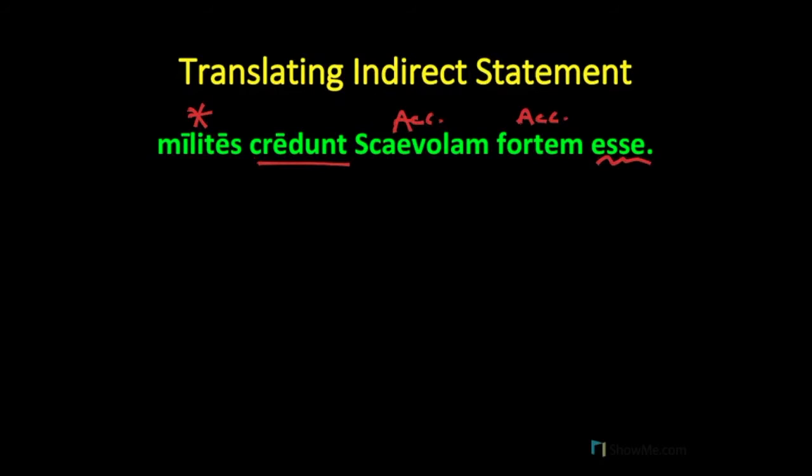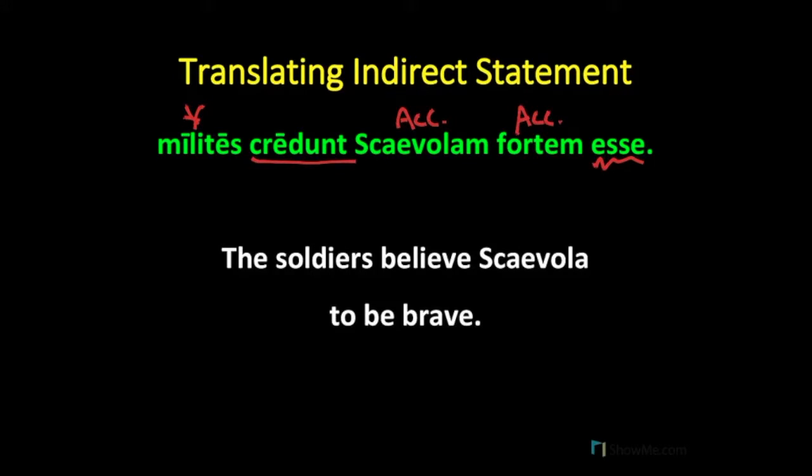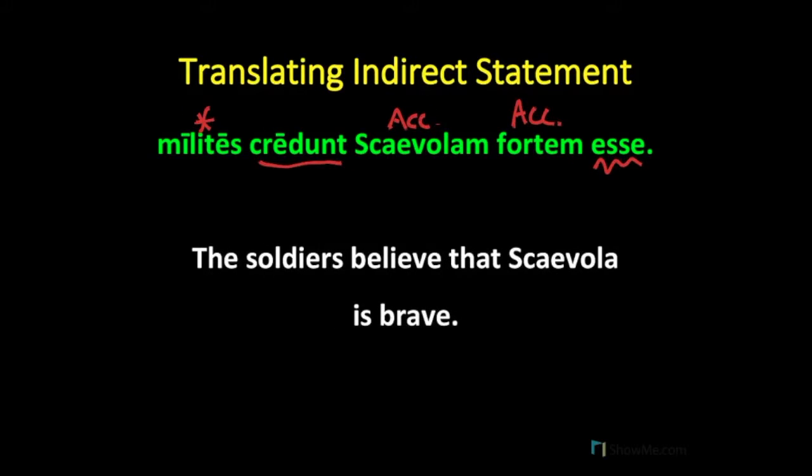So we might translate this literally. The soldiers believe, milites credunt, Scaevola to be brave. But again, think about what the sentence is trying to express. The soldiers have a belief, and this belief is that Scaevola is brave. And so English has a specific way that it wants to construe this. Again, using the word that plus a finite verb. The soldiers believe that Scaevola is brave.